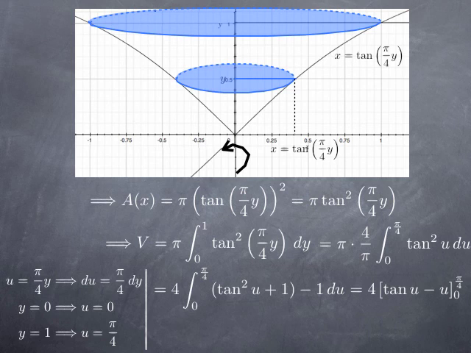We evaluate that function between 0 and pi over 4, multiply the result by 4. At pi over 4 we get 1 minus pi over 4. Multiplying all that by 4 we get 4 minus pi. And at 0, tangent u and u are both 0. So we obtain 4 minus pi for the volume.